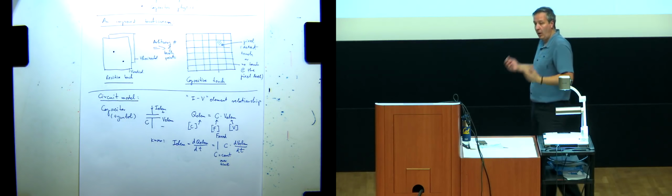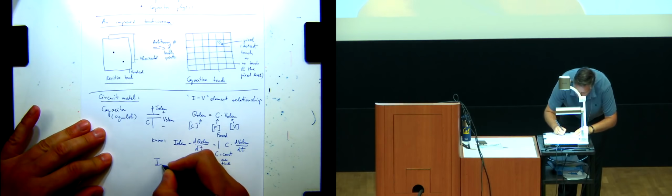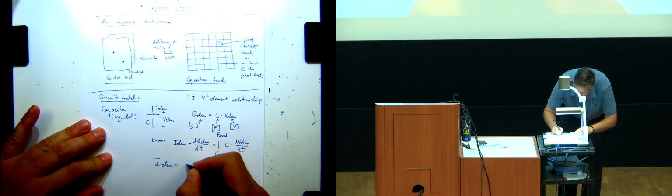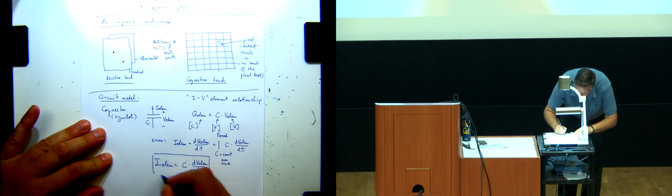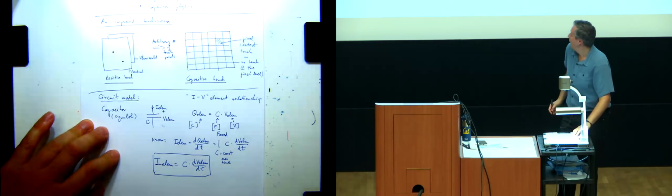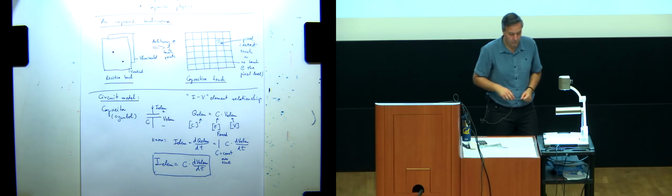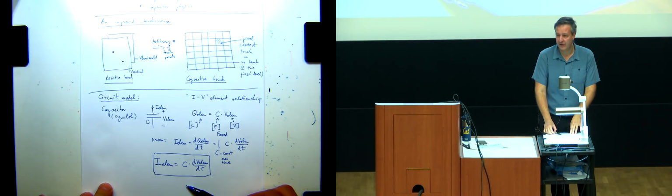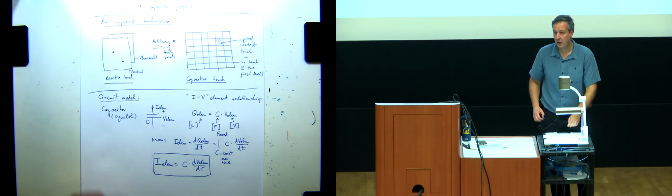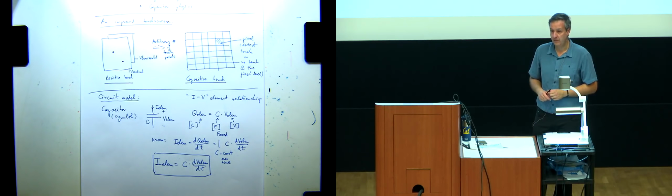So let me just write it once more because it's kind of a key result. So what we had for the resistor was that current was inversely proportional to the resistance and proportional to the voltage, right?